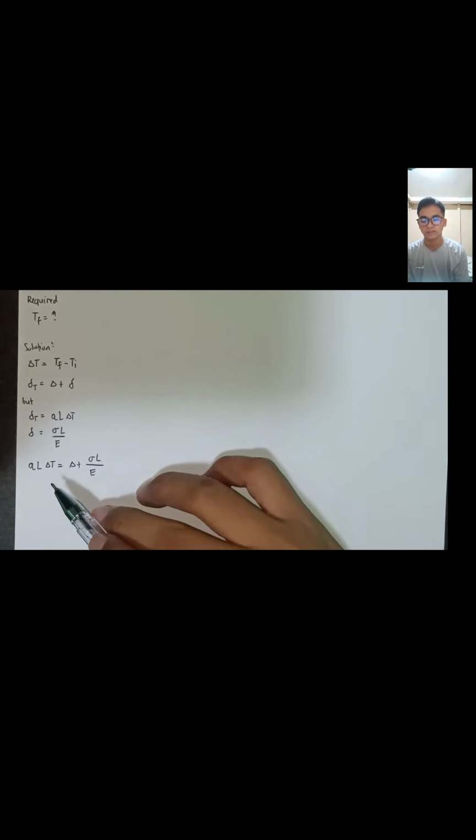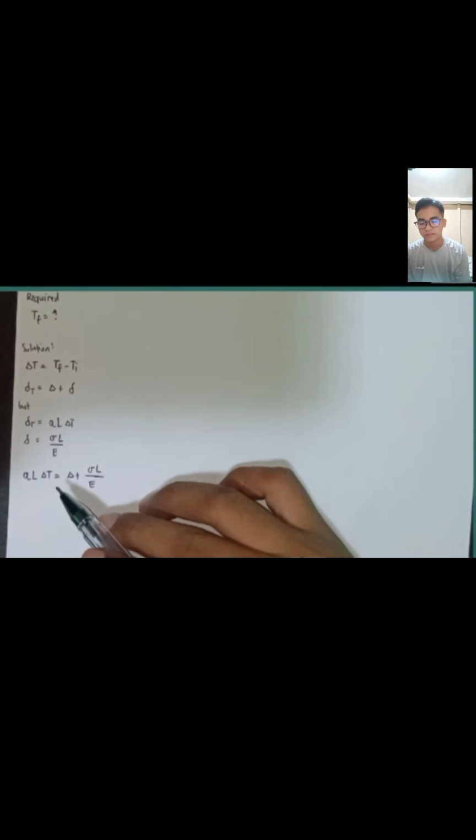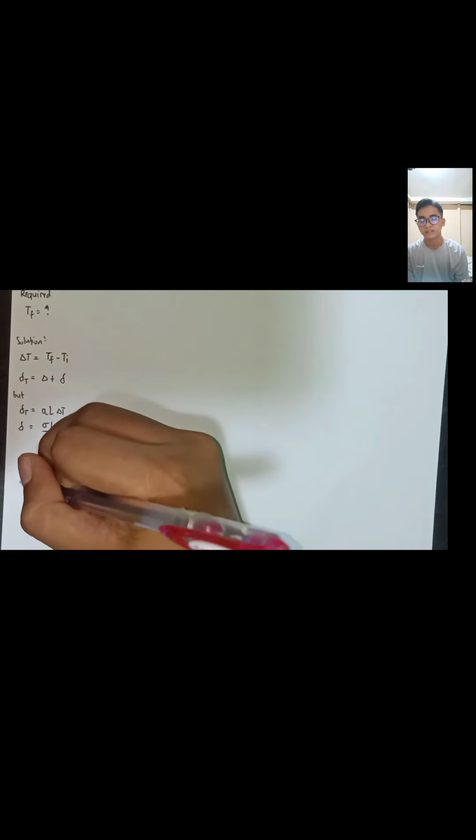So, substitute na lang natin guys. So, alpha times length times change in temperature is equals to gap plus compressive stress times length over modulus of elasticity. So, since dito sa formula lang ito, nandito naman lahat sa given, substitute na lang natin siya guys.